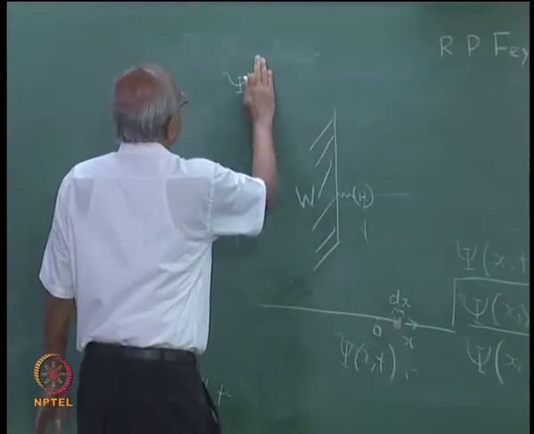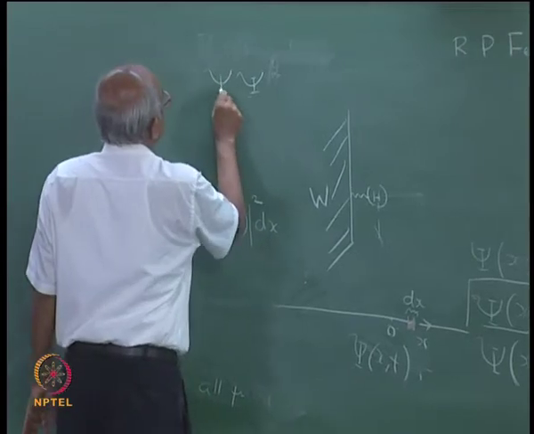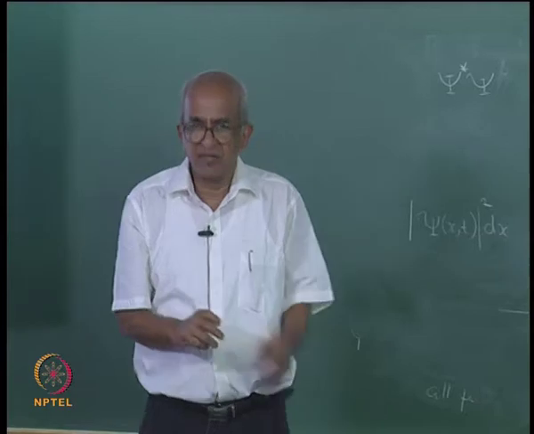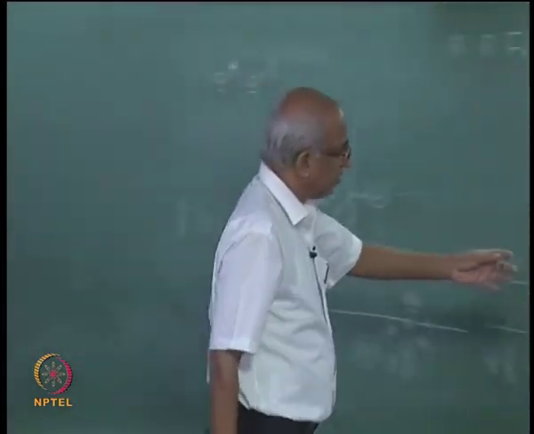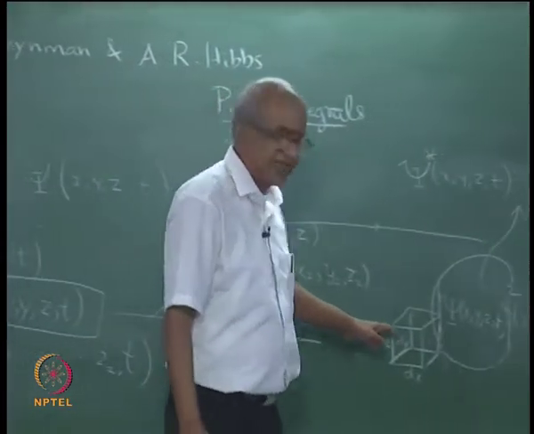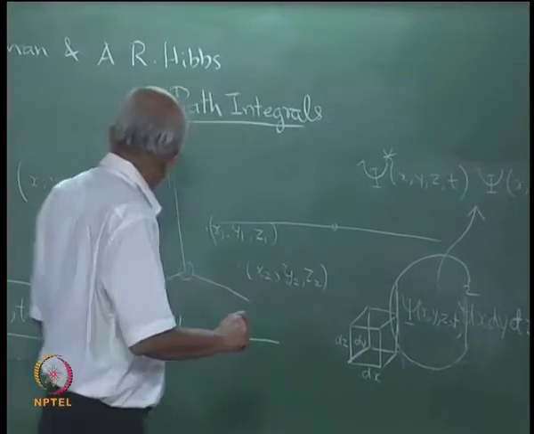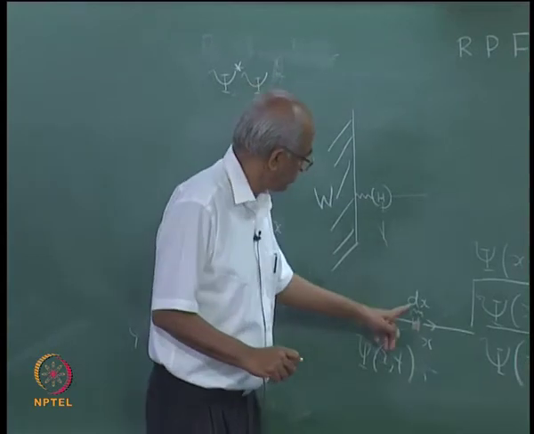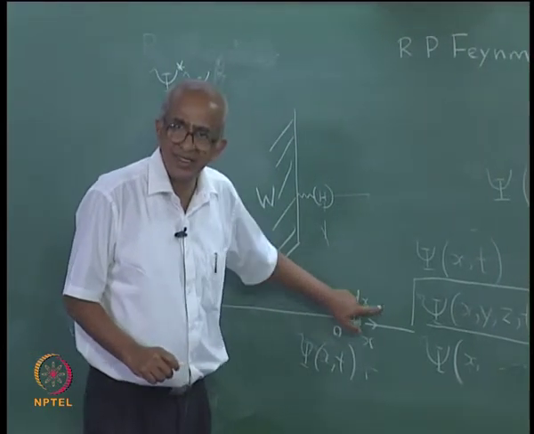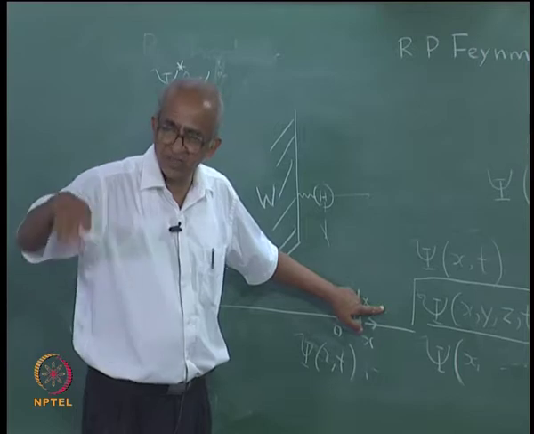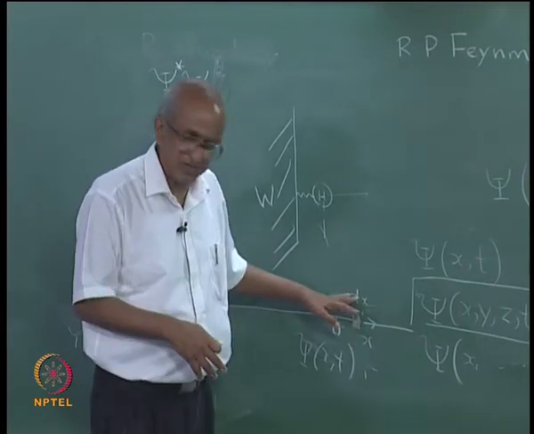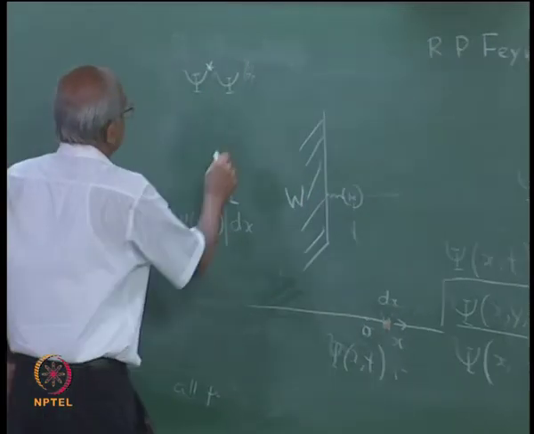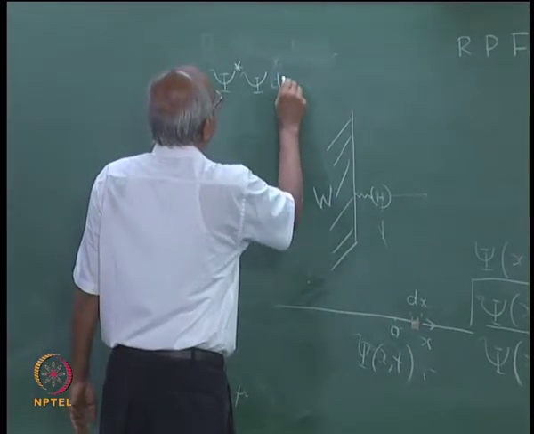So, you just write psi, then multiply it by psi star, right, and if it is a helium atom, you will have to multiply it by dx, dy, dz to get the probability, while if it is just this hydrogen atom vibrating perpendicular to the surface, then you just have to multiply it by dx. So, depending upon the problem, you have to modify whether it is dx or dx into dy into dz and so on. So, we simply adopt a general notation.